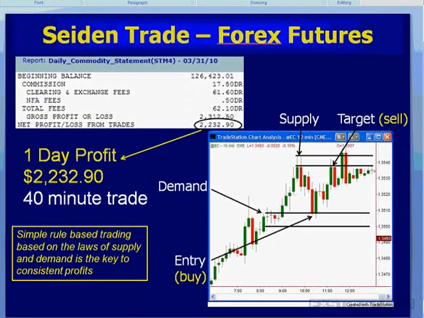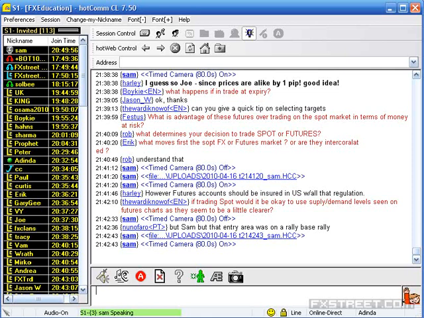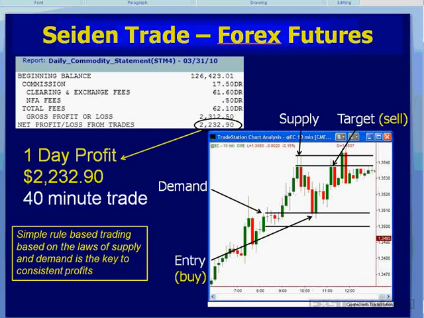Yeah, so good question there about if trading spot would be okay to use supply-demand levels seen on futures charts, as they seem to be a little clearer. They're going to be clearer, I agree, on the futures charts because, again, they're more efficient, right? There's a central exchange there, which is missing for the retail spot Forex trader.